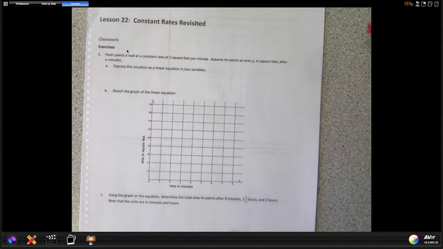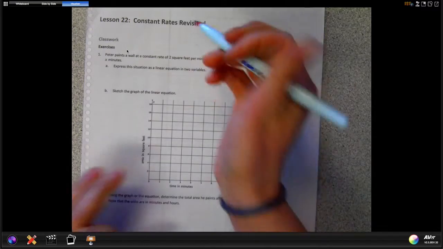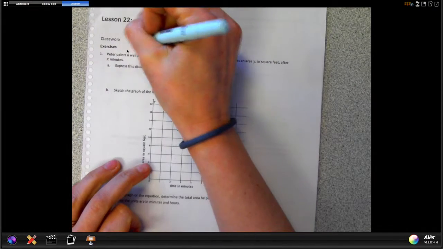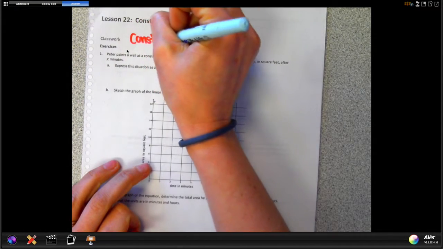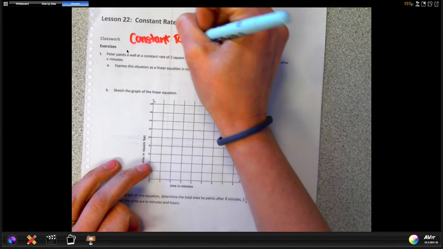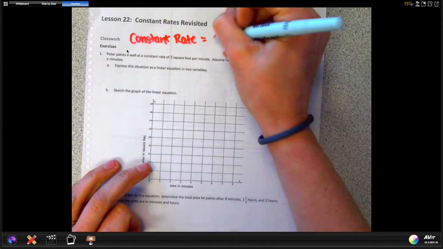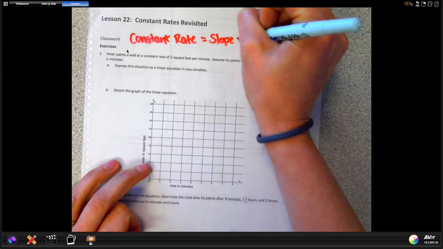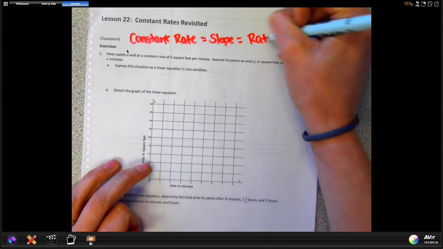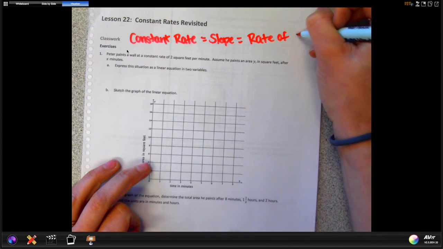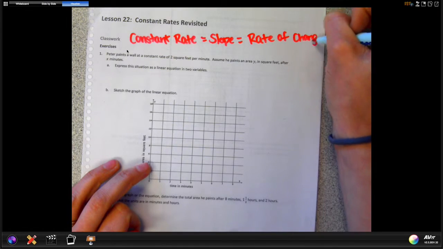So the first thing I'd like to write down in our notes here as clarification is that the word constant rate is used a lot here, and that is the same actually as slope and also as rate of change. It's just like the words great, awesome, super.